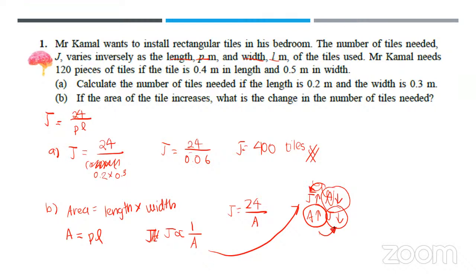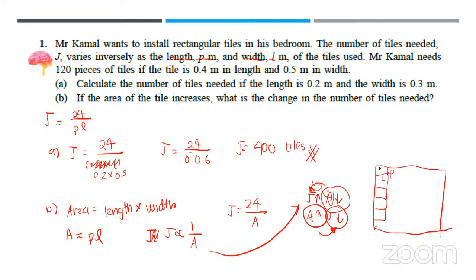And you can look at it as, okay, say we have a square floor, and these are the tiles. Let's just imagine that. And they have width P and L. So P times L is equal to area.